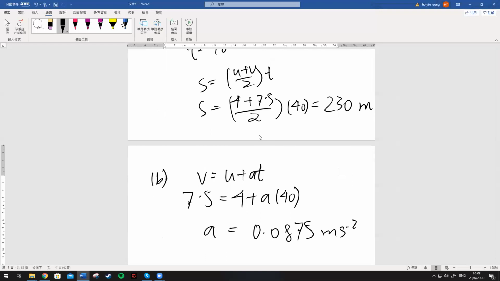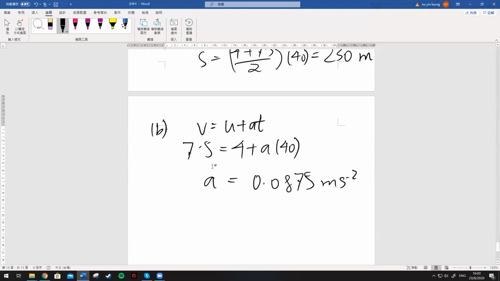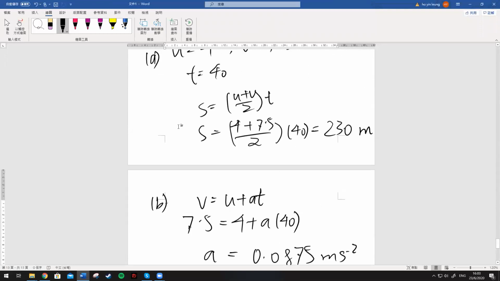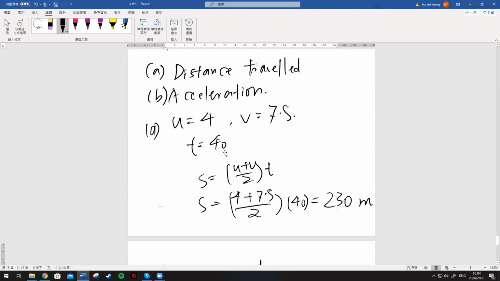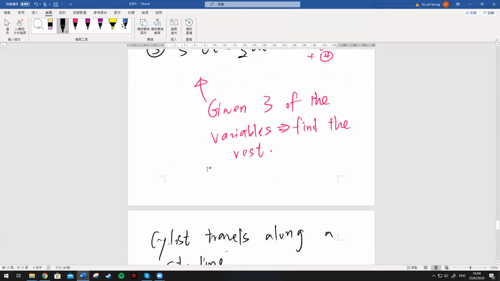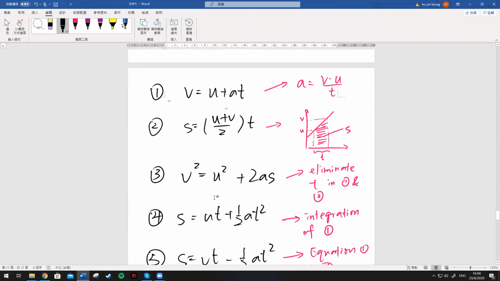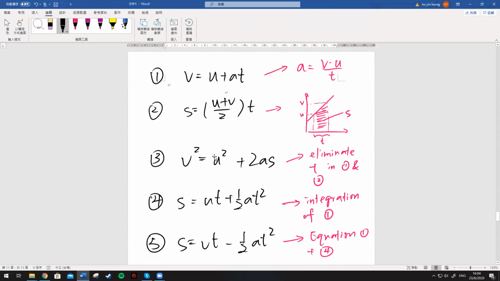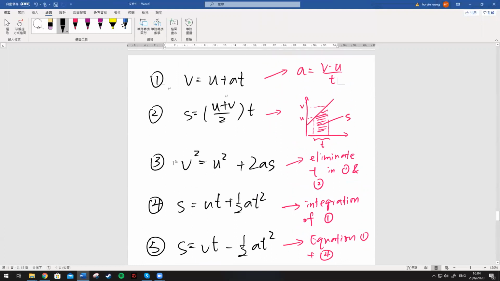Or you can use another method, because you have found the displacement here, right? You can actually use any of these equations, because once you have 3 of these parameters, you'll be able to get all the others.